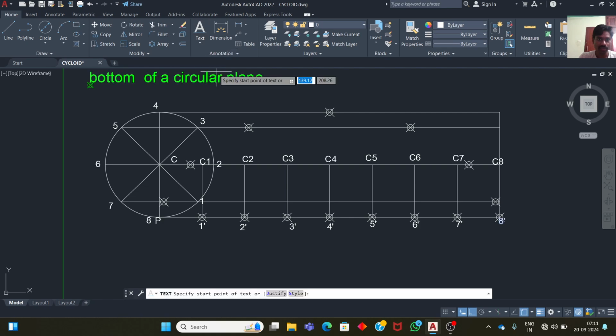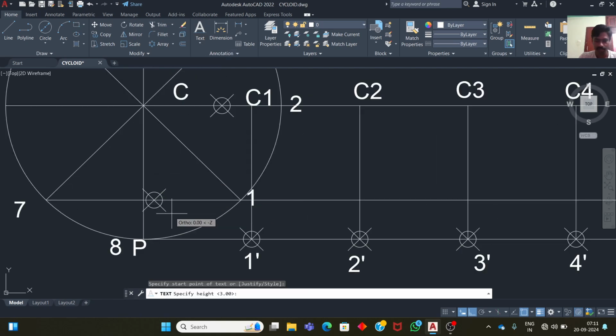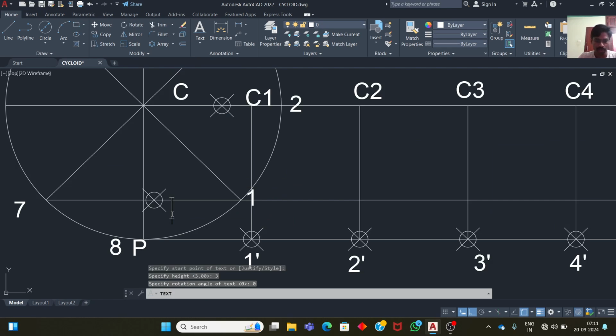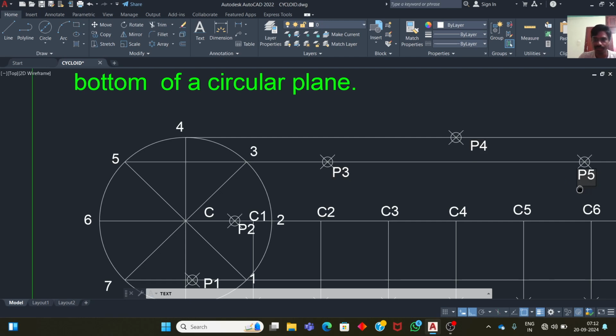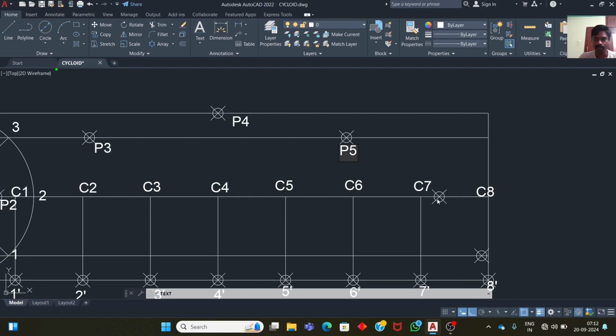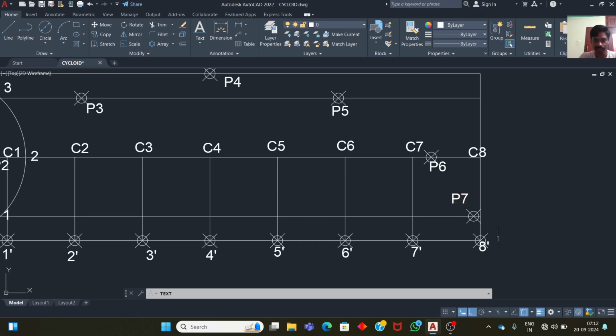So give the naming for each and every point. This is point P1, this is point P2, point P3, point P4, point P5, 6, 7, then 8.